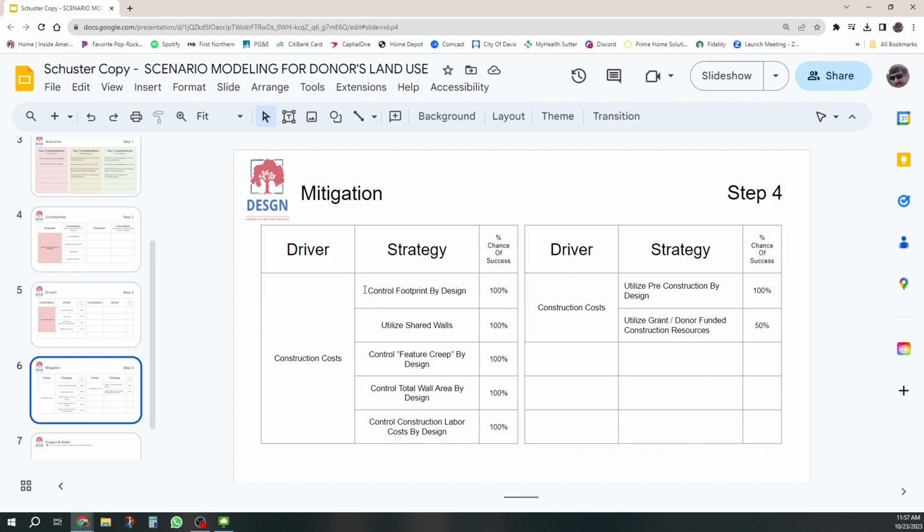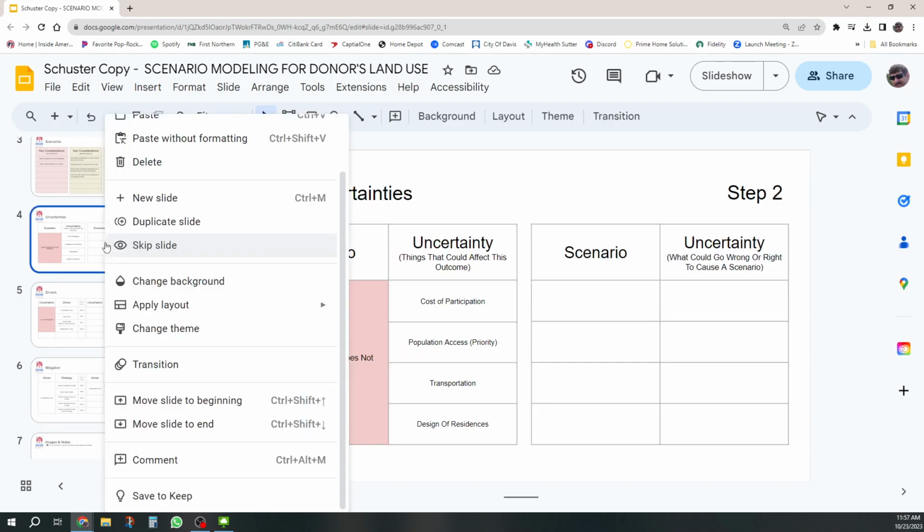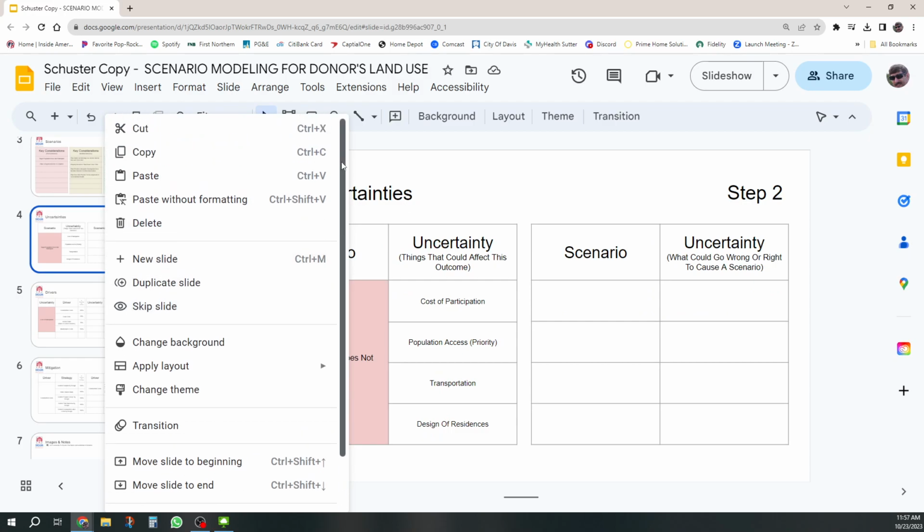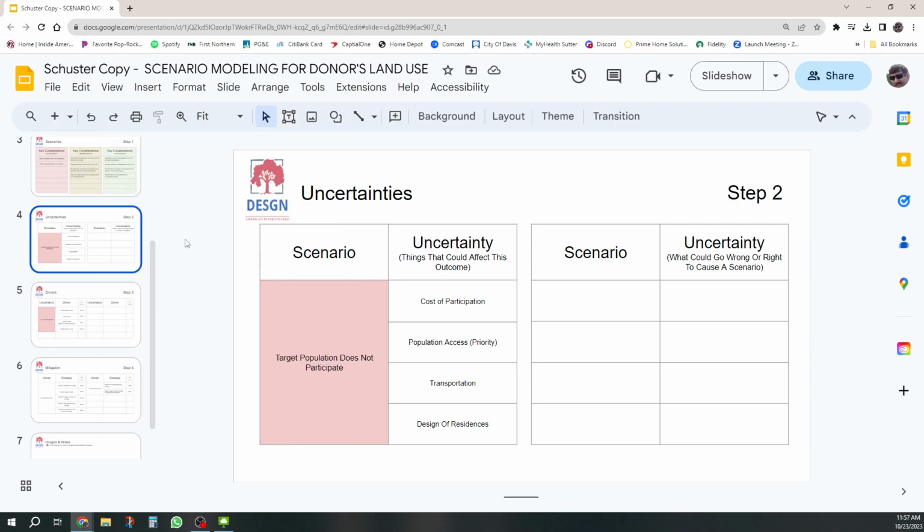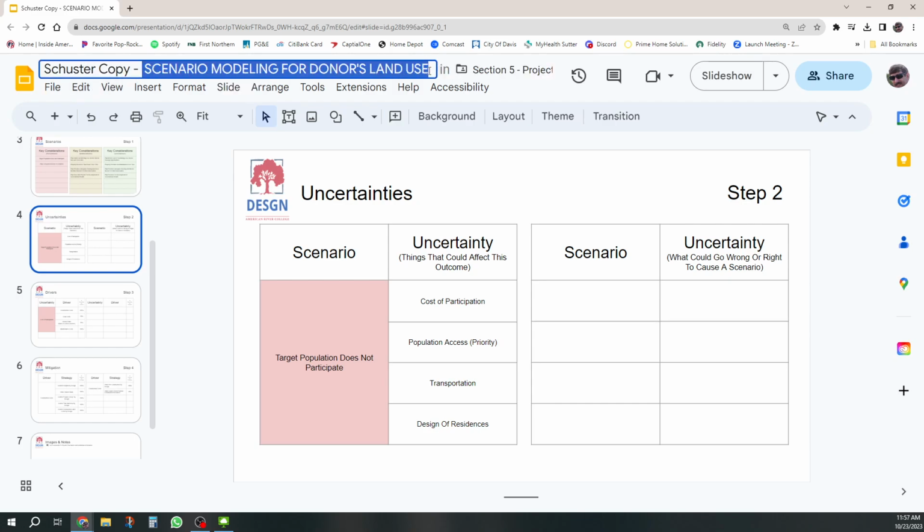I want to have these things, if you can, prepared ahead of time so that you could, for example, copy this slide, and then go put it into the editable copy in an appropriate place so we can pull all this together. So that is how you might prepare your copy of the scenario modeling for the donor's land use.